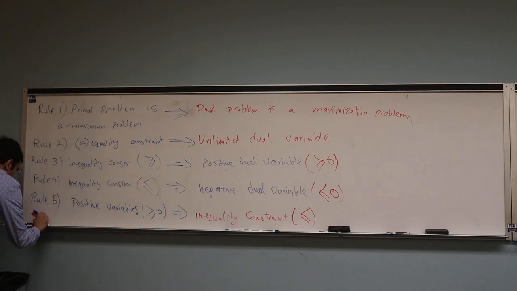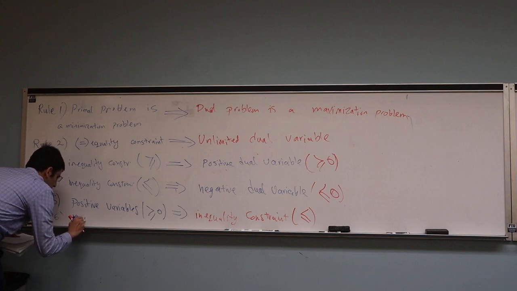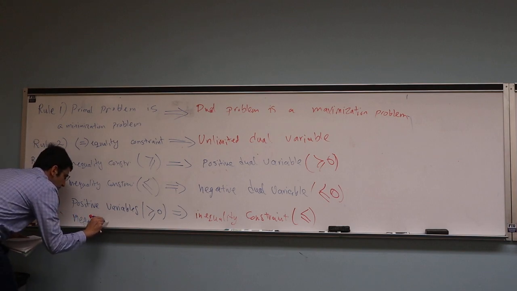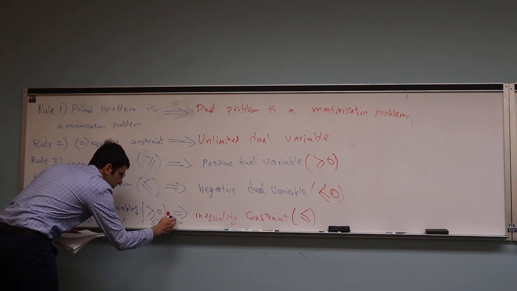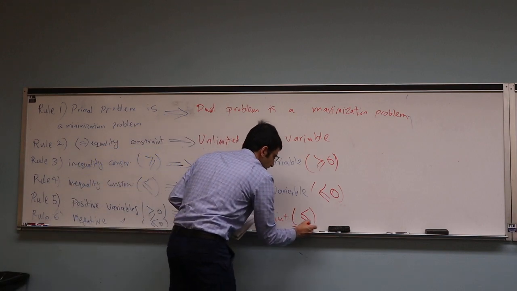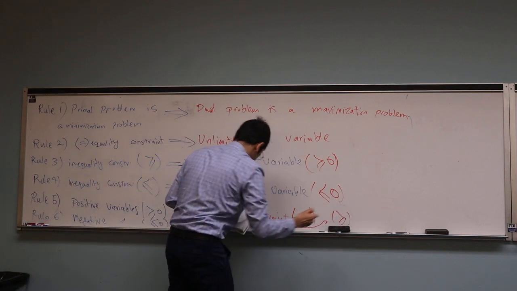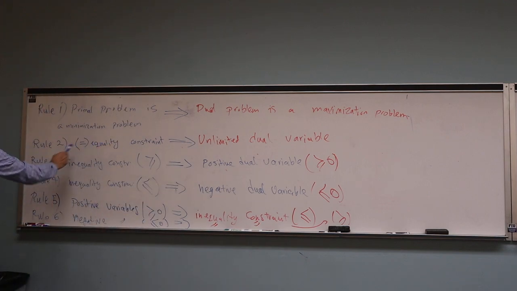And rule number 6. Negative variables, less than or equal to 0. Again, you will have an inequality constraint, but this time greater than or equal to. And the unlimited variable is exactly the same as the equality constraint.